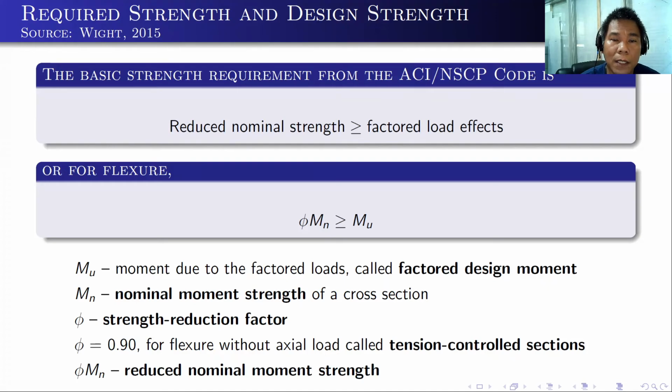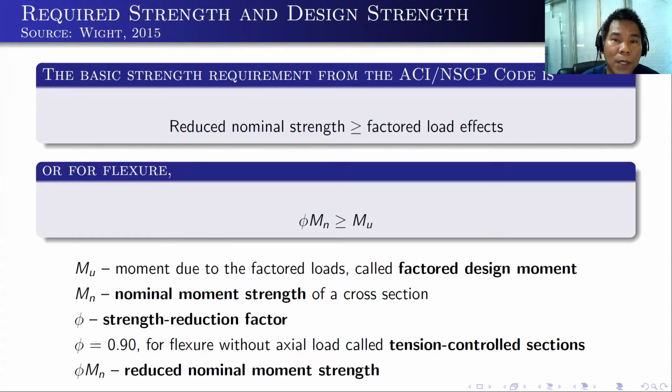The basic strength requirement from the ACI NSCP code is given as follows. The reduced nominal strength should always be greater than or equal to the factored load effects. Or in terms of flexure, we can just say the reduced nominal moment is phi times M sub n, which is always greater than or equal to the factored load effects, that's M sub u.